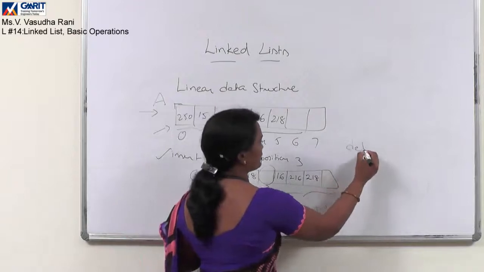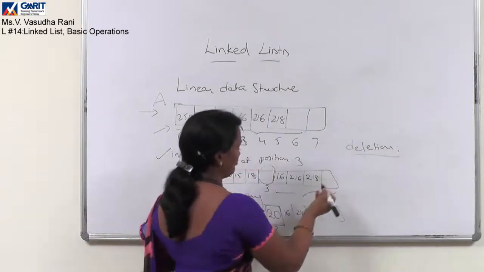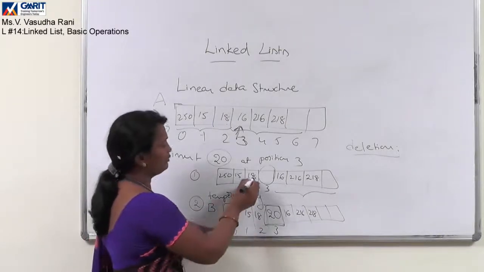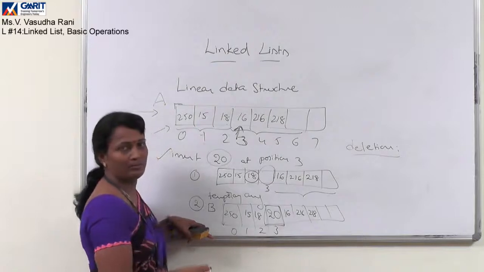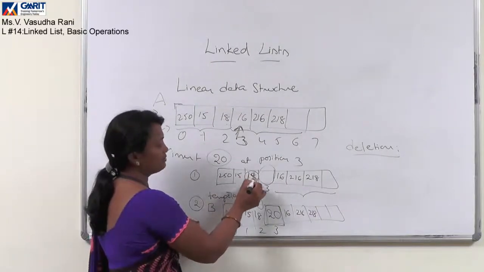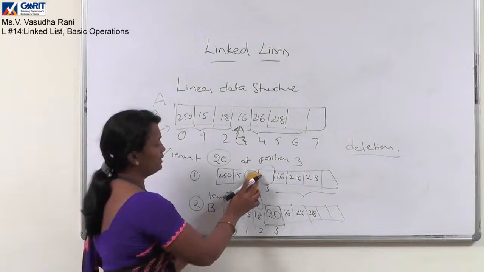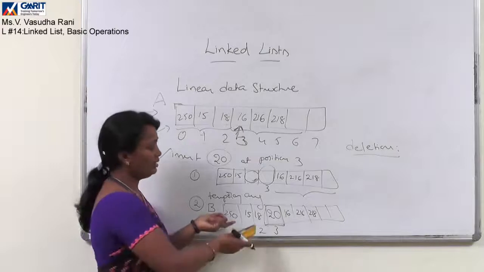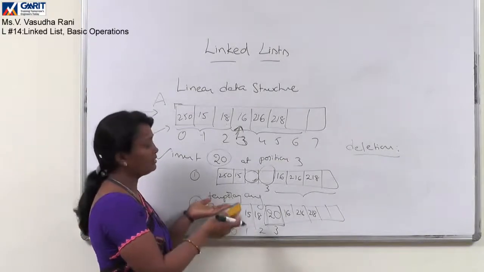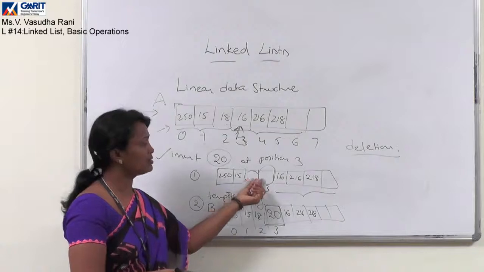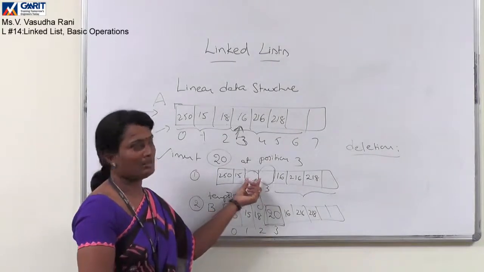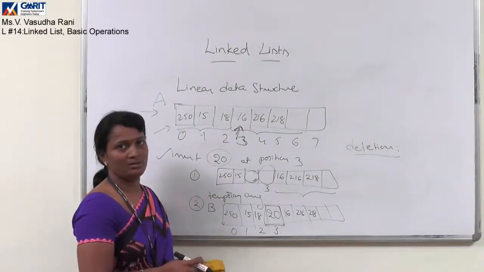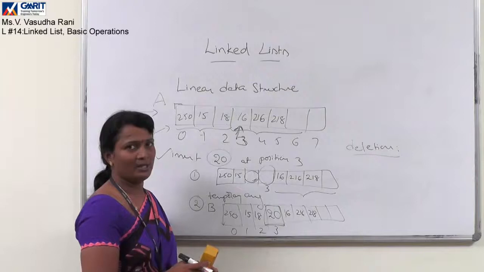And coming to the deletion operation, once these things have been shifted, if you want to delete the element 18 from the array, after deleting from the main list, the temporary array again should be updated and modified for the next insertion operations, because these locations are made empty. In this way, the deletion operation is also not efficient with respect to linear data structures.